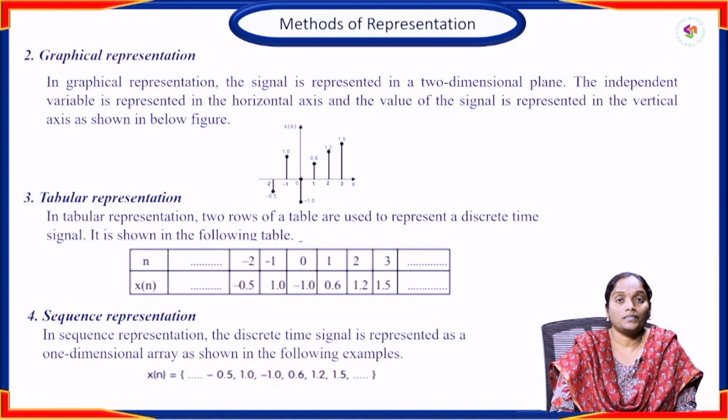But how to consider the time index? Usually the starting time index is represented with an arrow. Here, at minus 1.0 the time index is 0, so you have to place a downward arrow at the minus 1.0. This is the sequence representation.